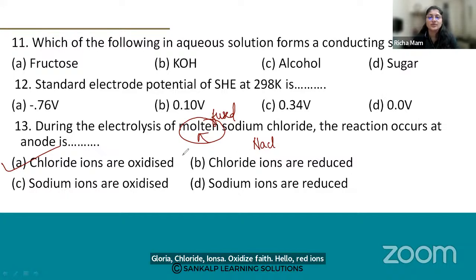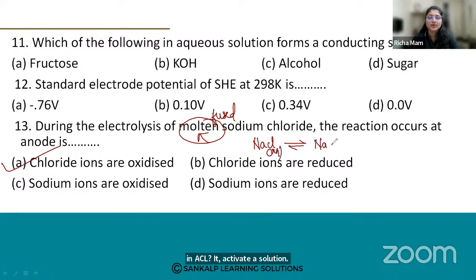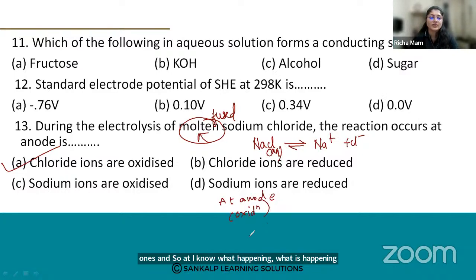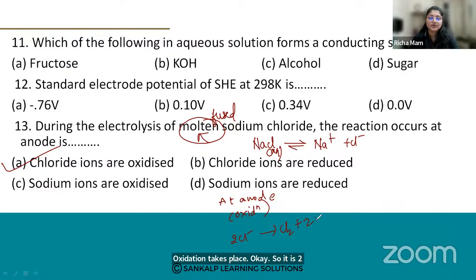So we have seen that at the cathode, NaCl splits into Na plus ions and Cl minus ions. At the anode, oxidation takes place: 2Cl minus gives Cl2 plus 2 electrons.